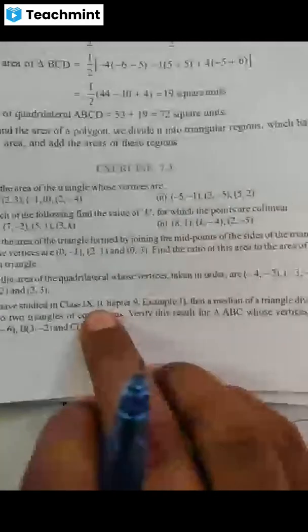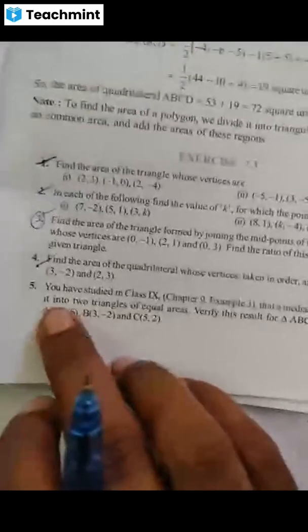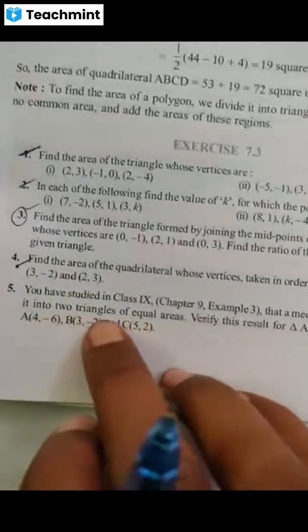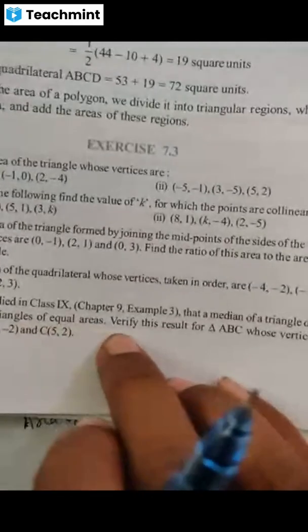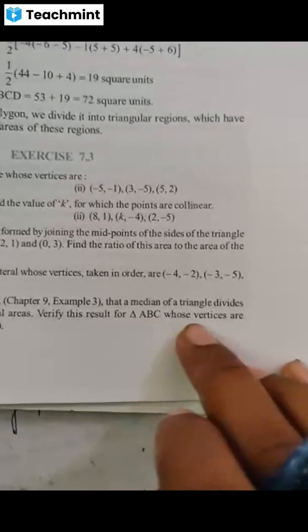Next, the fifth one. You have studied in class 9 that a median of a triangle divides it into two triangles of equal areas. Verify this result for triangle ABC whose vertices A, B and C are given. So what is a median?